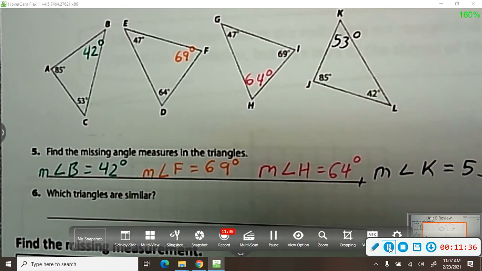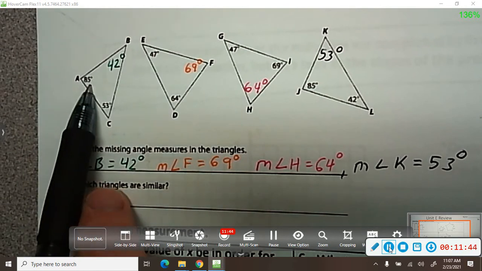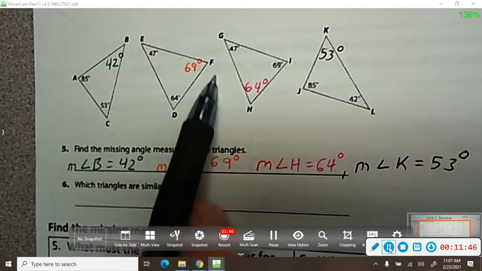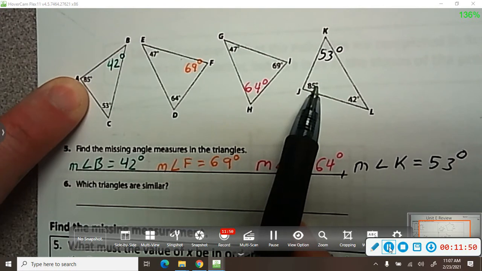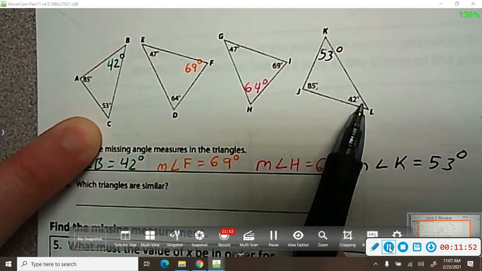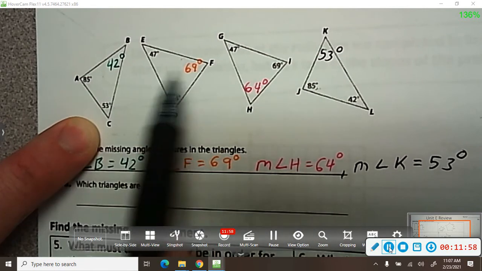So in order for these triangles to be similar, the angles must be the same. So are any of these triangles similar? I have 85, 85, 42, 42, 53, 53. By the AAA theorem for similarity, these triangles are similar.